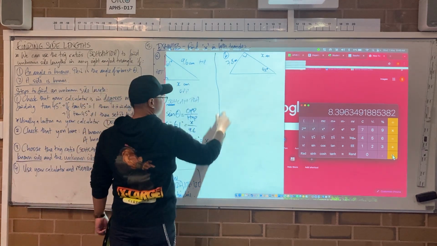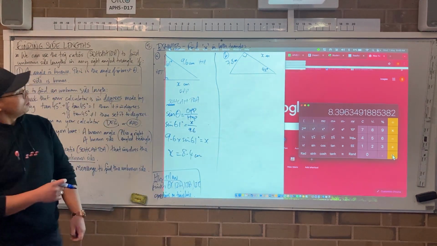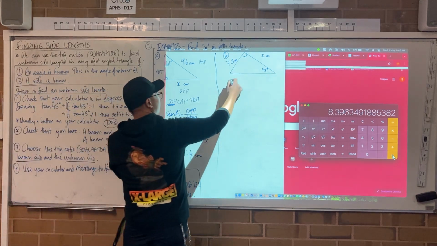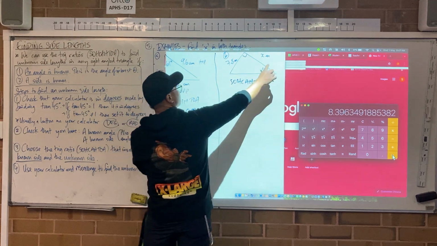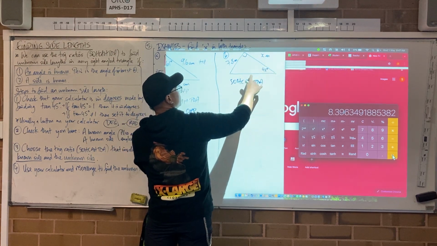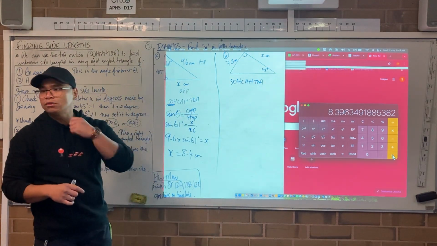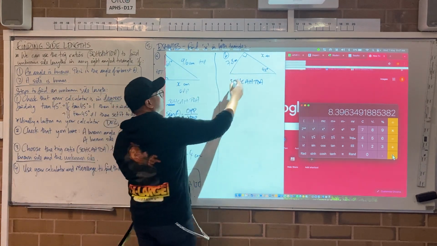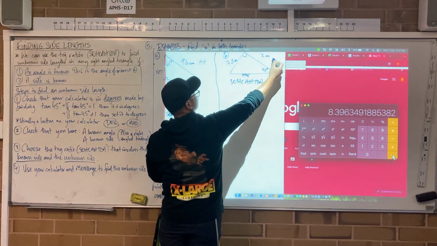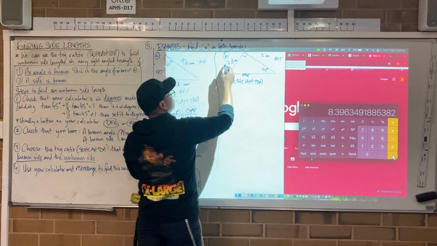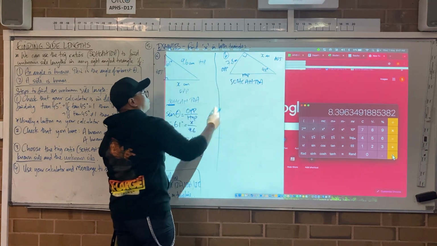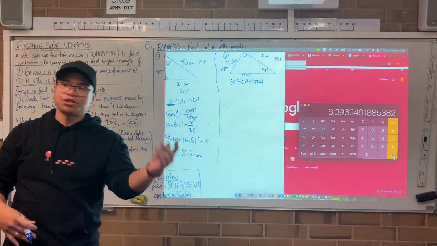I want to talk a little less on this one. The only thing I'll write is SOHCAHTOA. What would I label this side? The one with nothing there. This one? This one? Which ratio do I use?